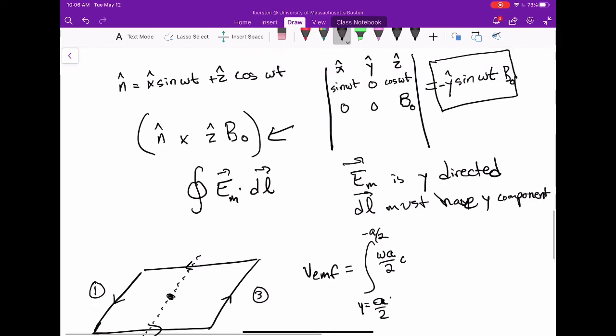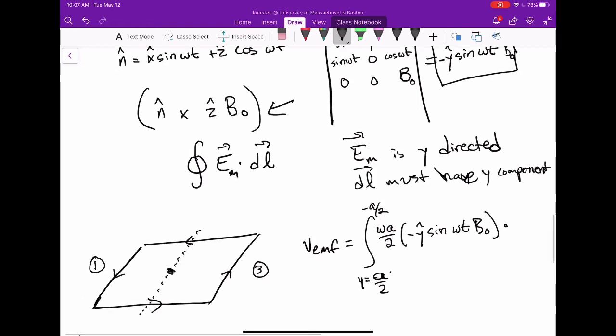Oh yeah, we already did this cross product. So instead of an n hat there, we get to put in that n hat cross z hat b naught, which just becomes minus y hat sine omega t b naught. And then we dot that with dl, which in this case is minus y hat dy.